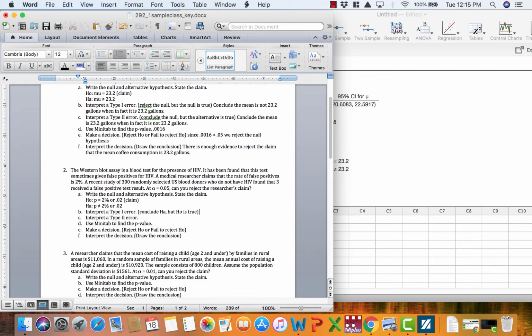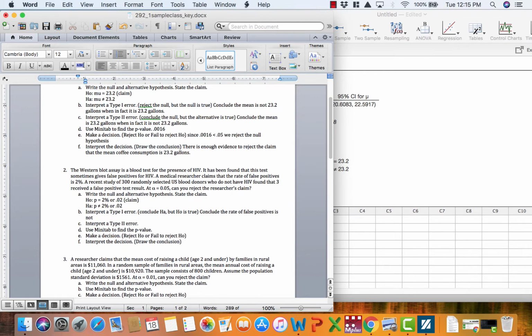We want to write that in terms of the problem. So we conclude the rate of false positives is not 2% when in fact it is 2%. We conclude the alternative, not 2%, when in fact the null is true, which says it is 2%.